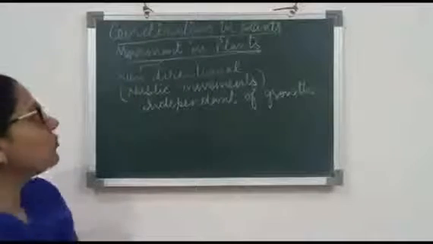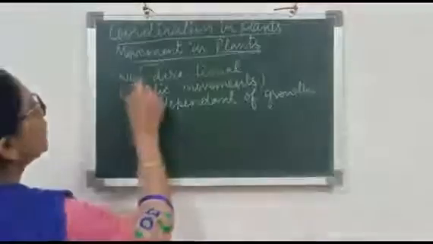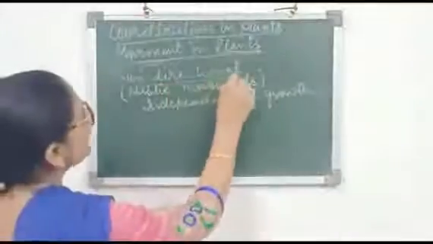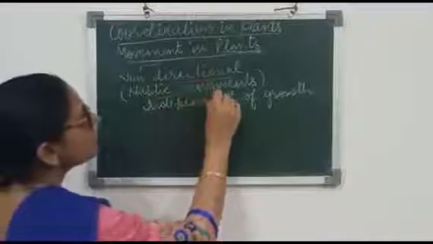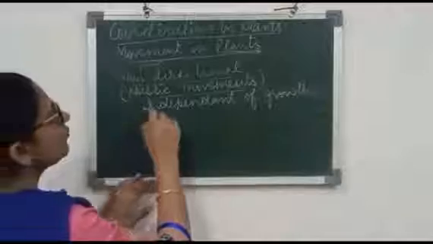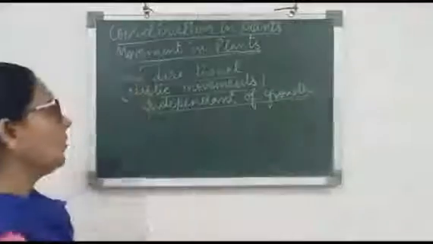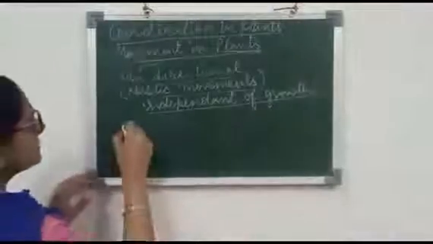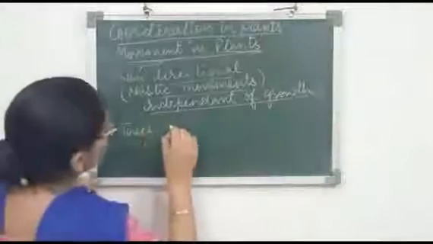Second type of movements seen in the case of plants are non-directional movements, and these non-directional movements are also known as nastic movements, and nastic movements are independent of growth. All of you have seen a plant, touch me not.